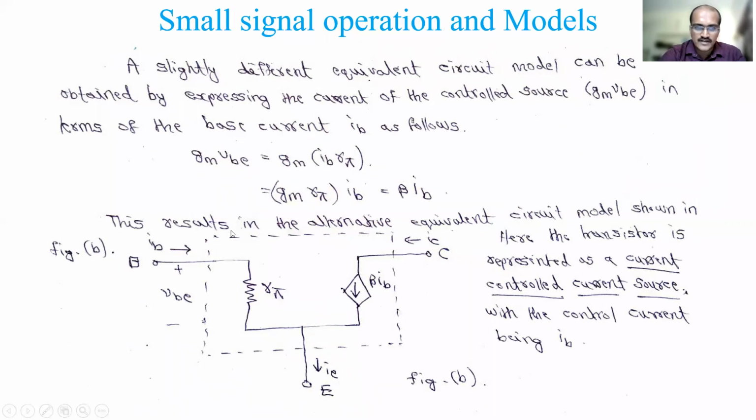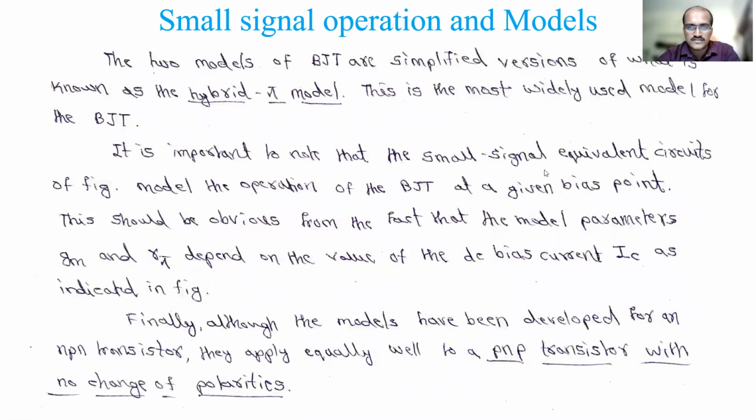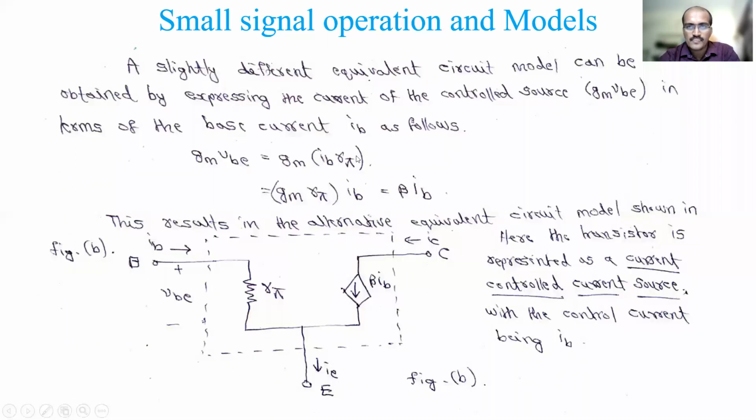The left side has no changes: r_pi, VBE, IB are the same. On the right side, gm into VBE was there previously. That VBE you can substitute as IB into r_pi, so gm into r_pi I group together, and IB I write outside. And you know gm into r_pi is nothing but beta.